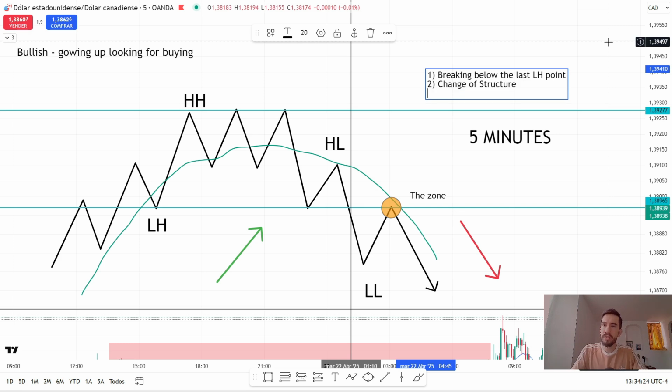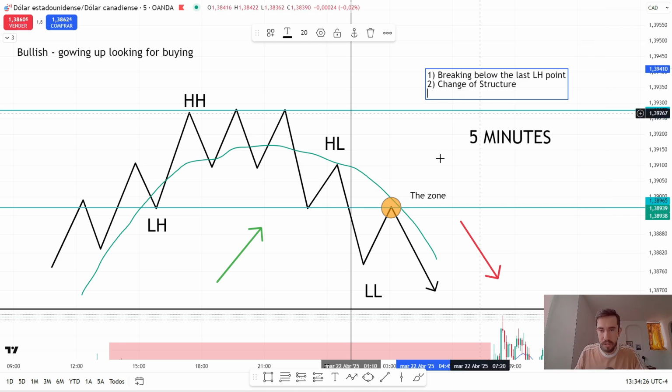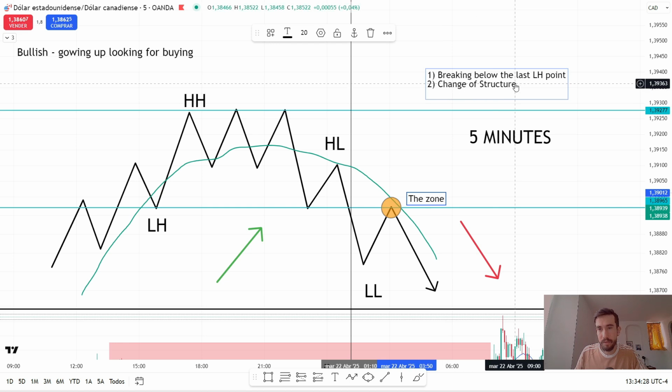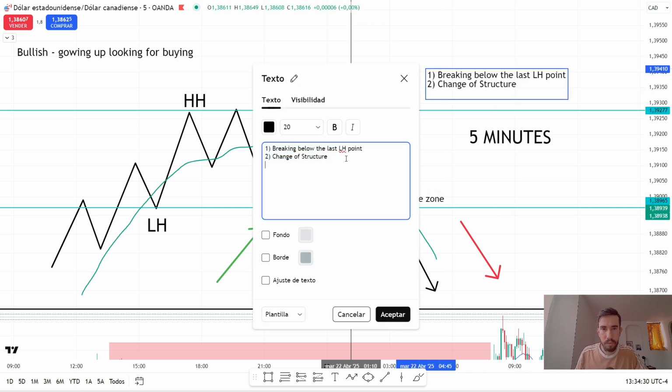Because there is a change of structure, now we are looking for the zone. The confirmation of the 20 periods moving average, it's going down. What other confirmation?